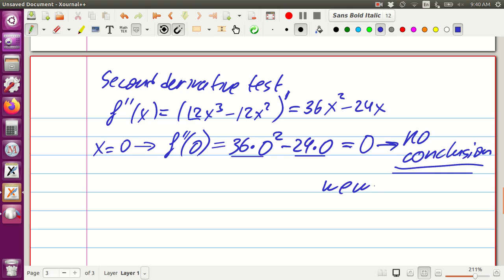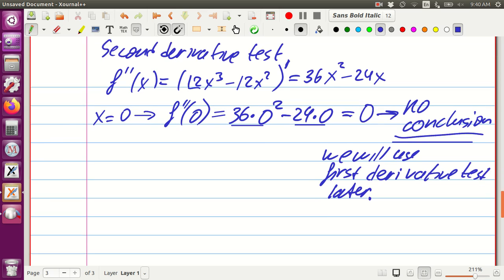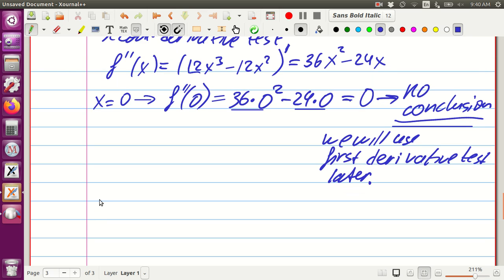We will use the first derivative test later. First, before we do that, we're going to do the second critical point, x equals 1.